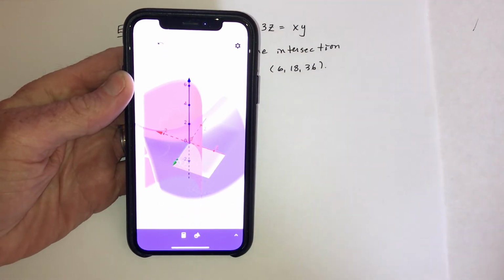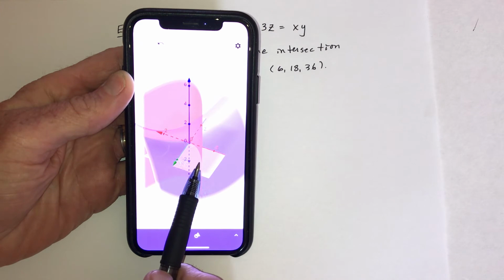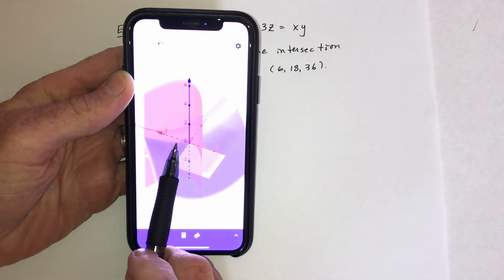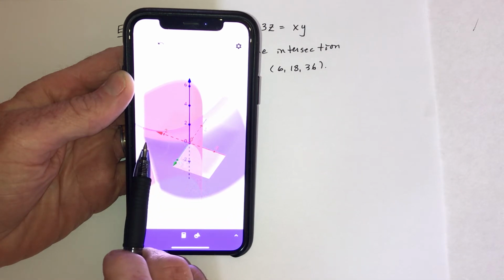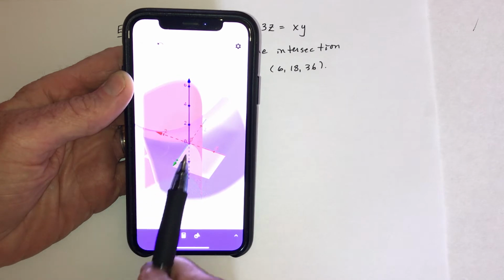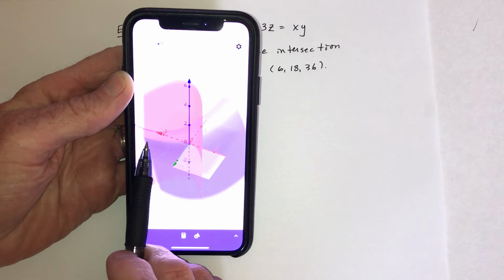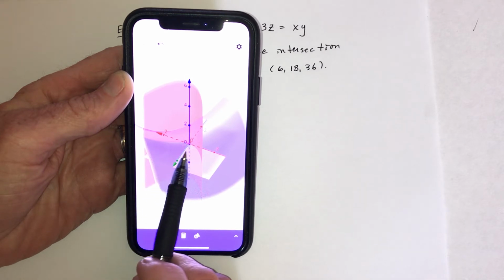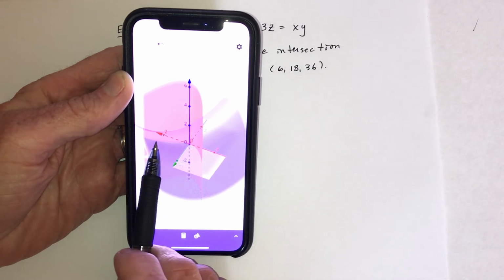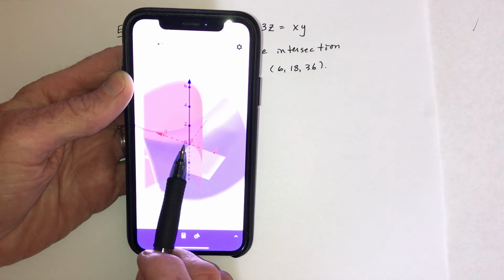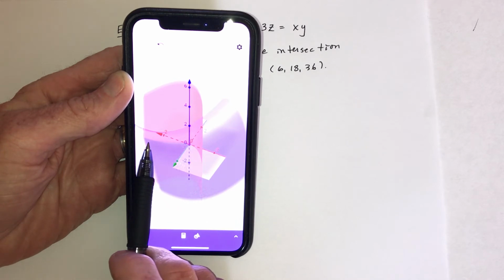And so they are intersecting here, and then here, and then here. And so it's a curve where they intersect. But this one is saying go from 0, 0, 0, and then along here. So we need to know what's the equation or what's the function that creates this where they intersect.